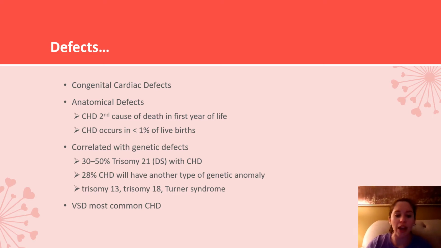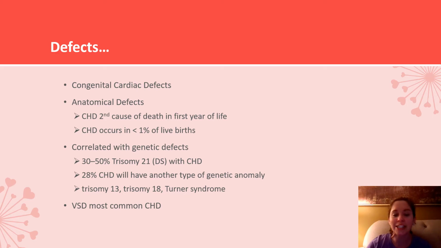I also want to note that the most common congenital heart defect is something called VSD. And if you want to write out what this is, VSD is ventricular septal defect. And ventricular septal defect is, again, the most common type of congenital heart defect. And the congenital heart defects are named so appropriately.